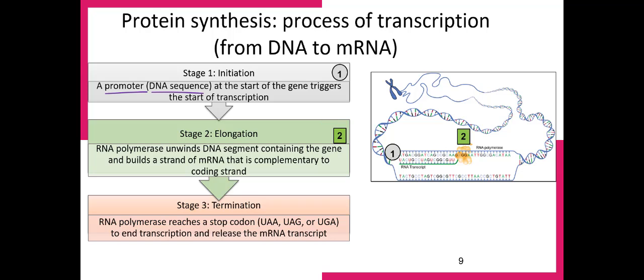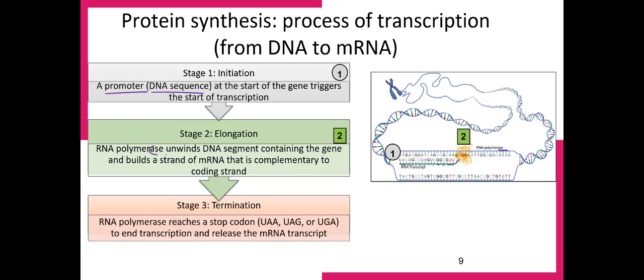So the initiation phase happens over here. And then the second phase is the elongation phase, where you have the creation of the new RNA transcript. And you can see here the enzyme that helps to create the RNA transcript is called RNA polymerase.